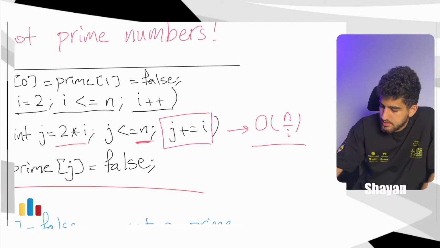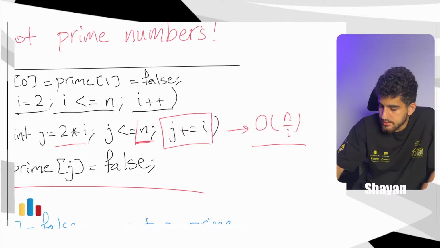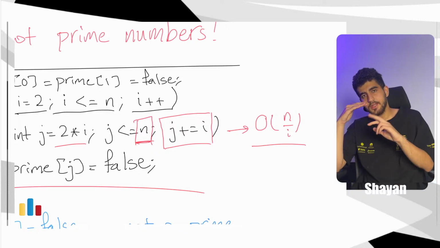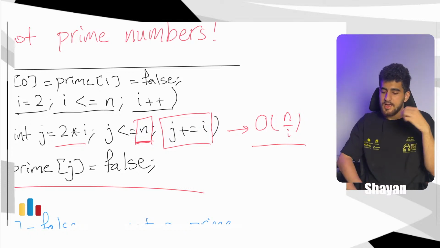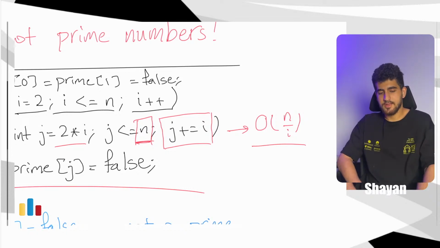Because each time we are adding I to j and it will go to n. Each time we're increasing it by I and it will go to n. So it will be increased n over I times. Right?